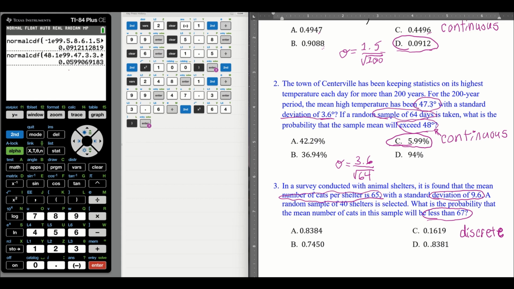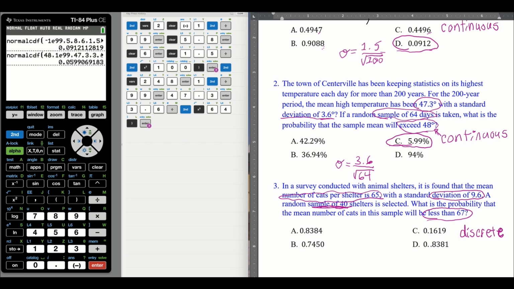Now we have a sample, I didn't underline that, of 40 shelters. So we know that this is going to be a larger population. The number of cat shelters is okay, because it says 65 and that's the mean. It says found that the mean number of cats per shelter. So that's a group.